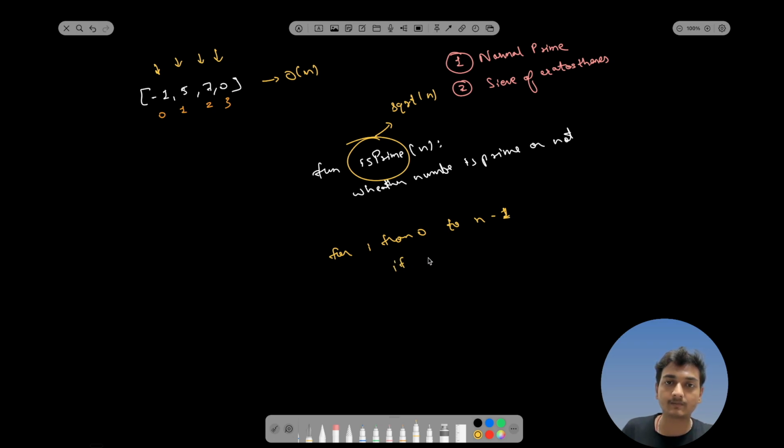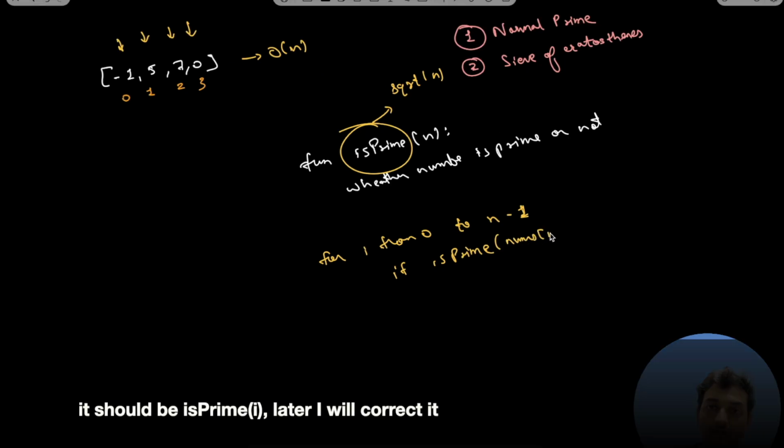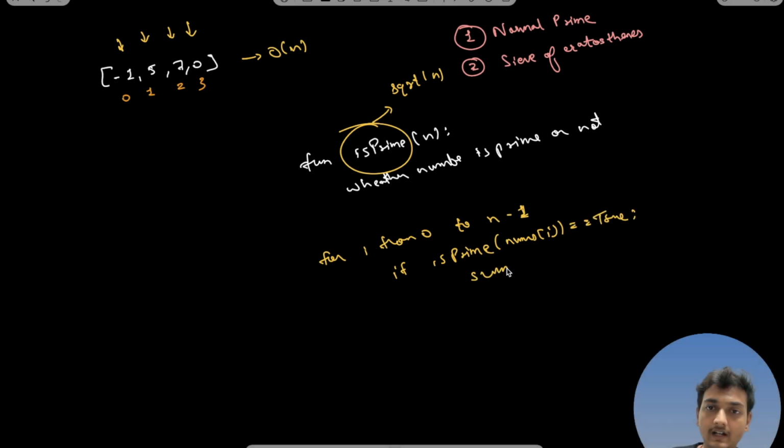If isPrime of i equal to true, then I need to add nums of i somewhere. So I can define sum1 equal to 0, sum2 equal to 0. Otherwise I will be adding it in sum2.